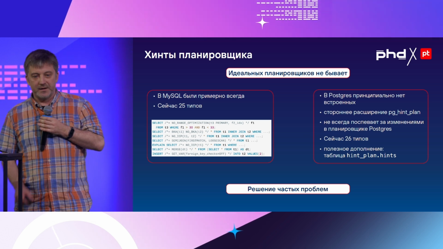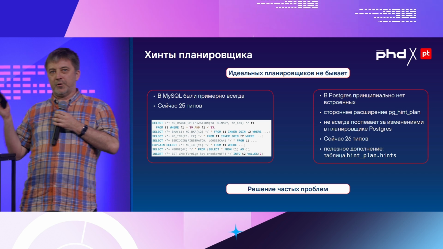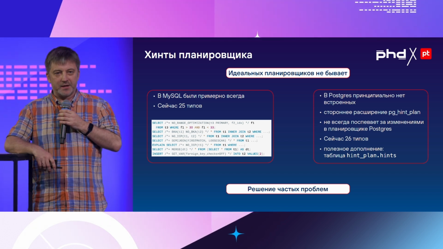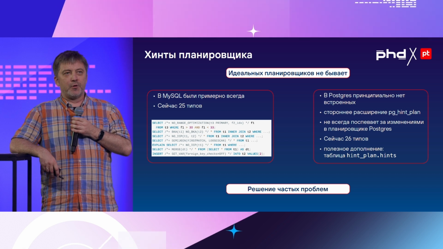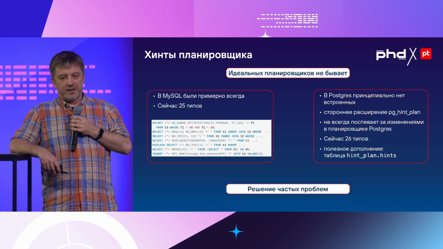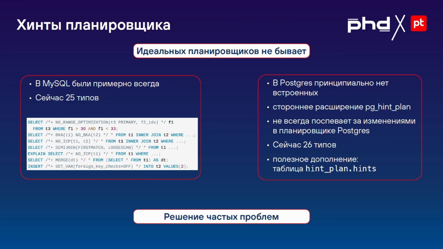There are now 25 types of them, and I'm just showing an example of how they look. In Postgres, there are no built-in hints as a matter of principle. For some reason, they believe it's a bad thing. So the Postgres community has to implement it using external solutions. The most popular external extension is pg_hint_plan. They don't always keep up with the changes in the Postgres optimizer. Now there are 26 types.